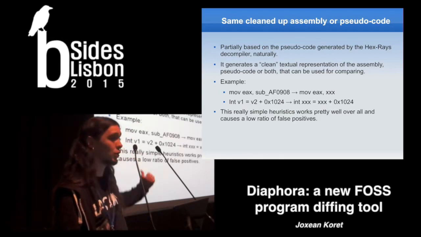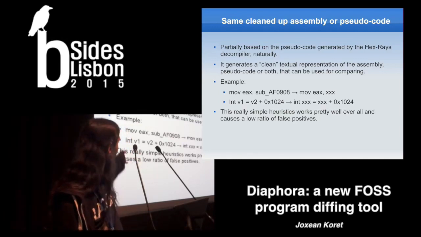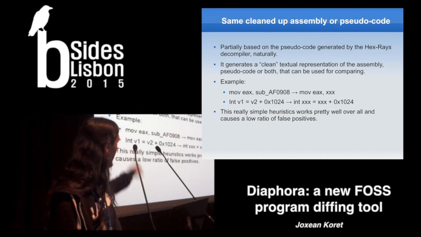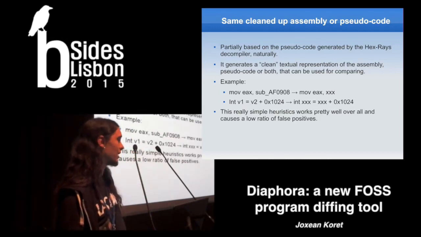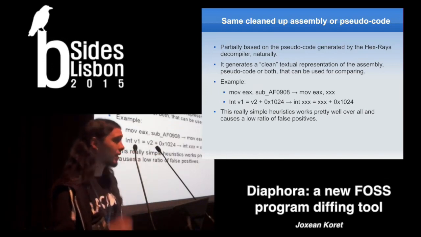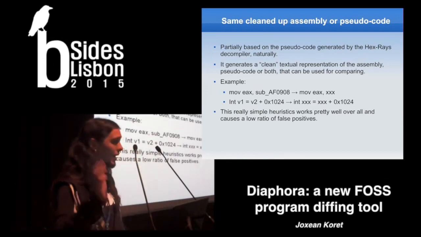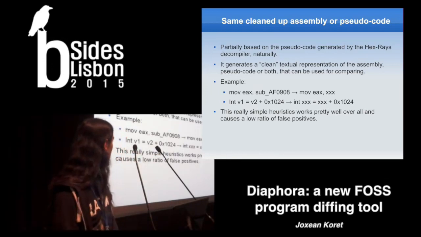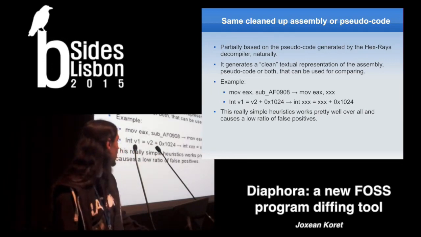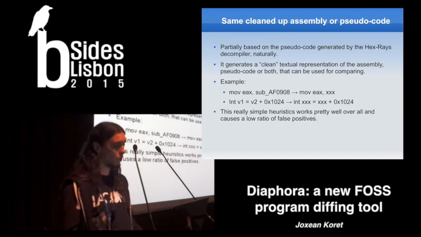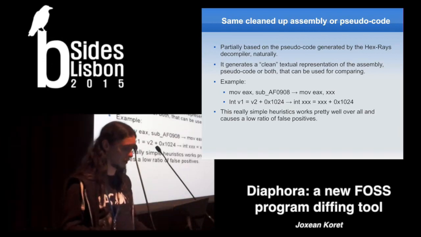If we have in the pseudocode, in the decompiler, int v1 equal to v2 plus whatever, it will remove the auto-generated names for the variables, and it will be like int x equal to x plus the constant. This is a very simple heuristic that works pretty well overall and causes a very low ratio of false positives.